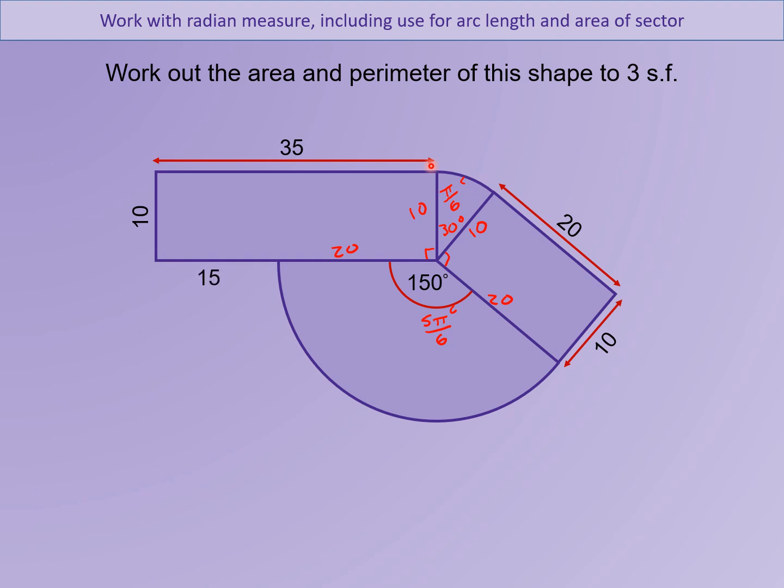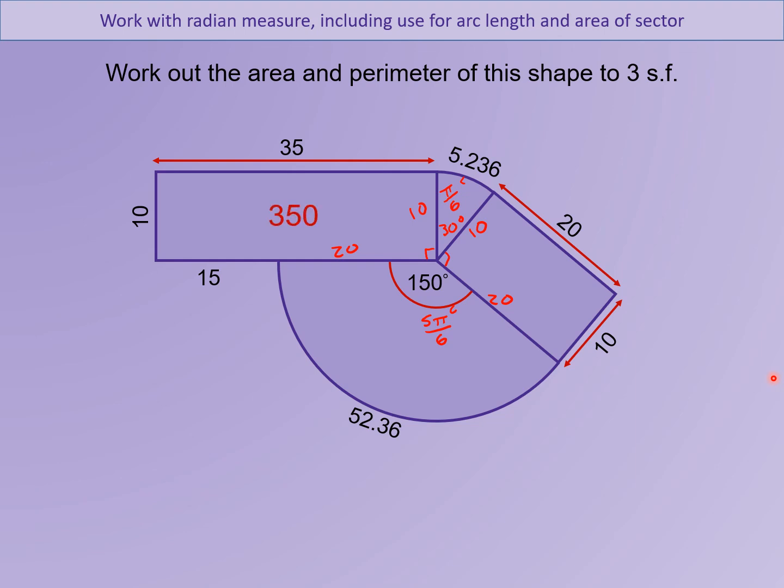We can use the arc length formula, r theta, remembering to use theta in radians, to calculate an arc length here. 5 pi by 6 multiplied by 20, 52.36. We can also calculate the arc length up here, which will be 10 multiplied by pi over 6, 5.236. We can now add up all of the lengths, and this will give us the perimeter.